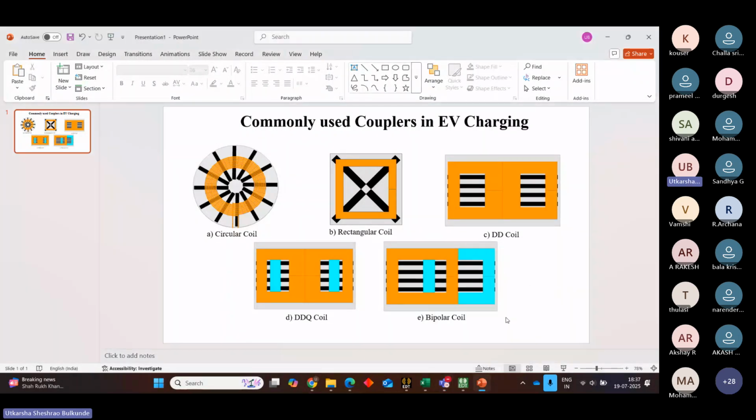So I was saying that these are the commonly used coil structures for EV charging. For making the spiral structure, a default option is available. But what if you want to make a rectangular coil? For square coil also default is available.